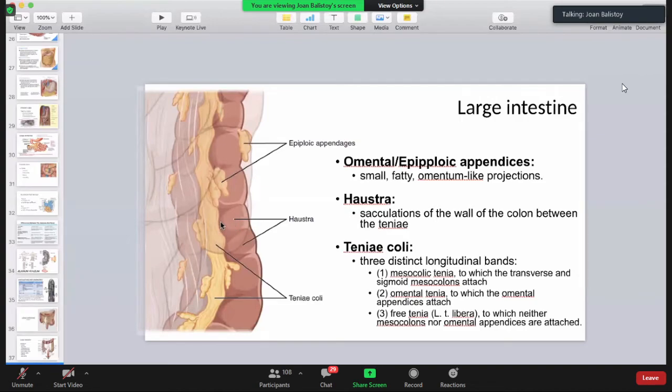And this is a taenia coli. There are 3 taeniae coli. You have a mesocolic taenia, you have an omental taenia, and a free taenia. Okay? I'm just so sad that you weren't able to observe this in the cadaver because you might not forget about it when you see one. Omental taenia and the free taenia.